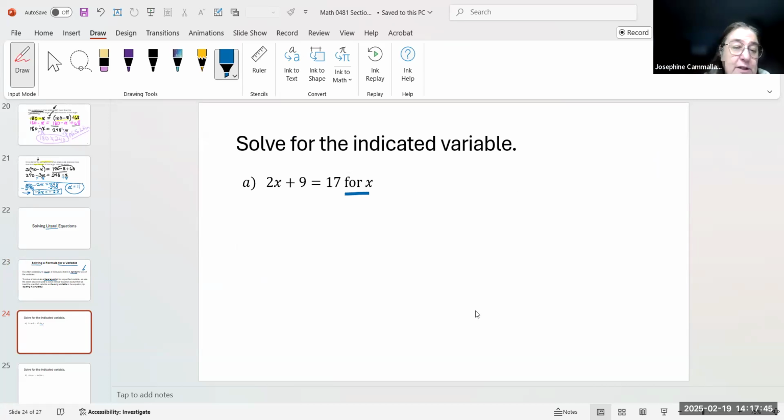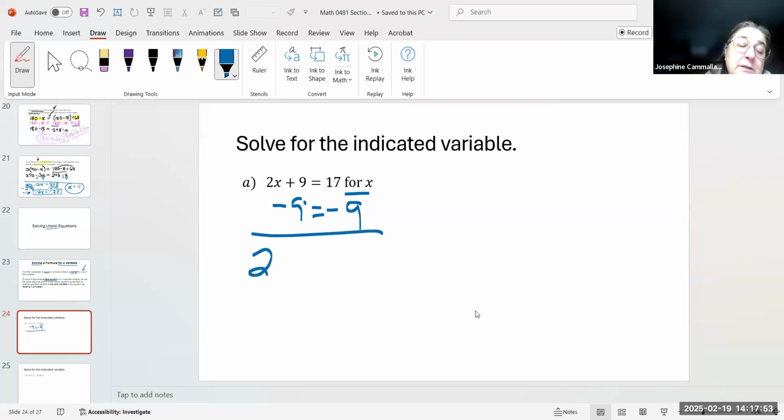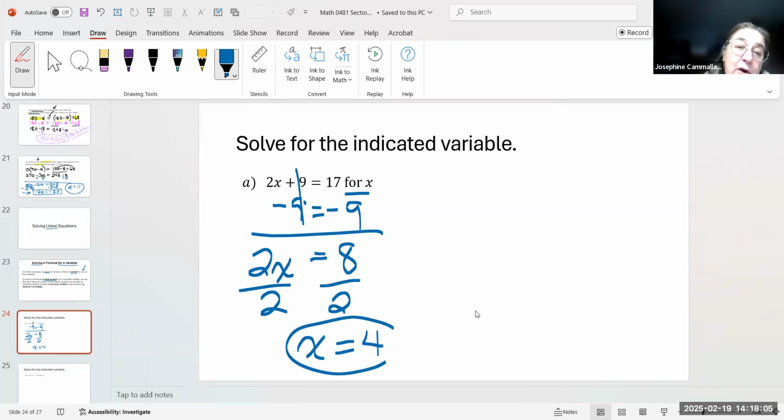I'm solving for it. Well, if I subtract 9, I get 2x. This is going to cancel out. 8. And I'm dividing by 2. And I get x is equal to 4. I have solved for x.